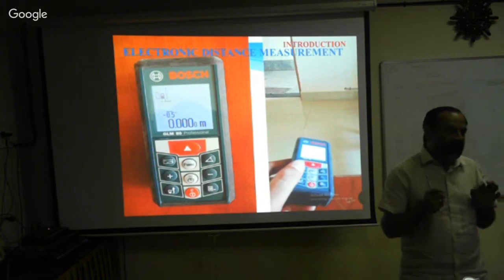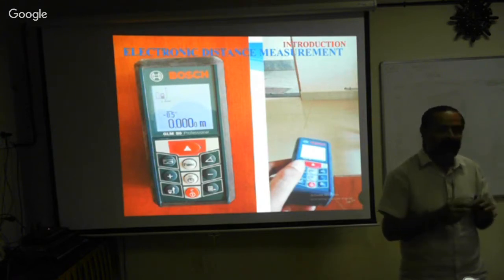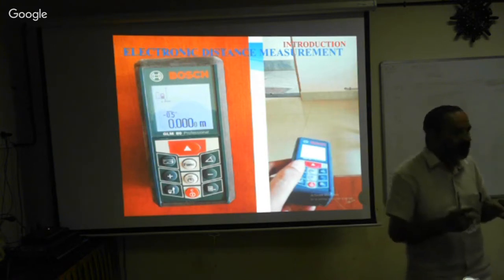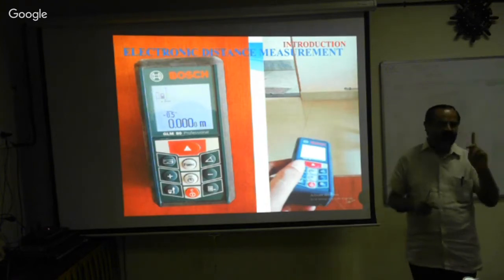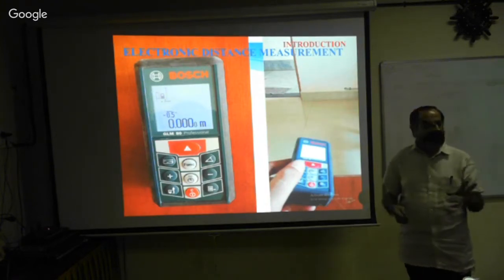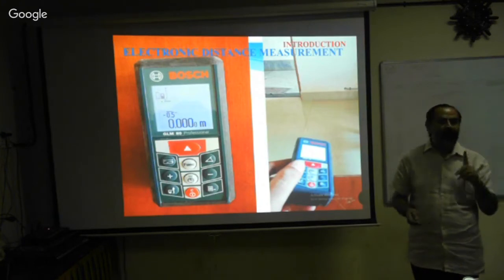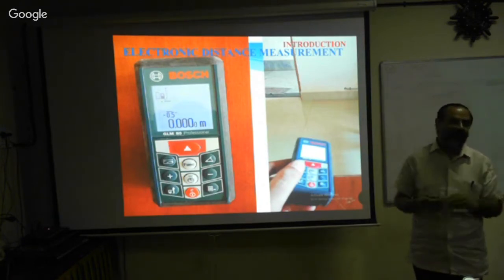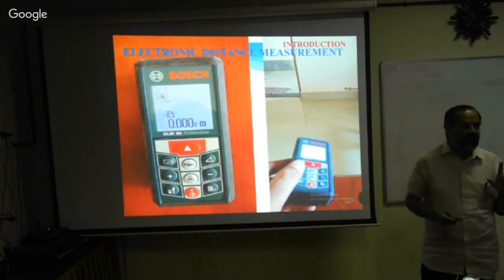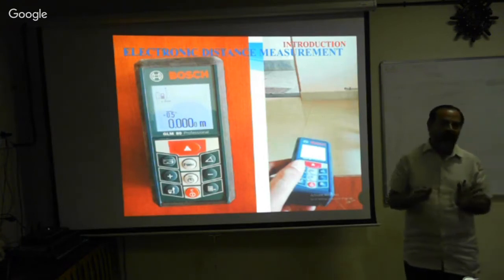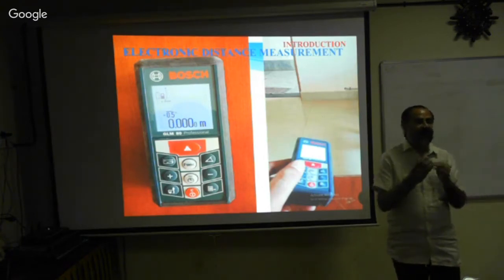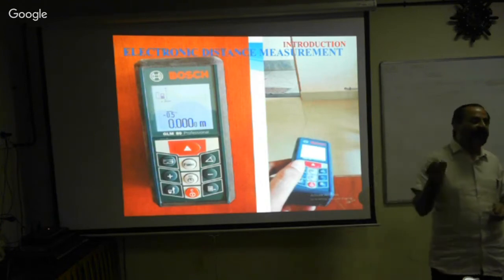Without reading the instruction manual, don't operate any gadget. You have to follow the right instructions, and you will get a better result. If you don't, the result may be erroneous. Whatever the equipment, if we are not using it properly, there will be a possibility of some error.